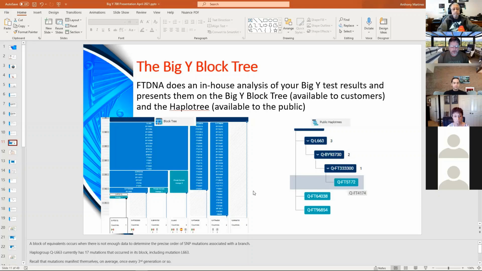It's right here, which is a subclade of QL663, which is here, and so forth. These two off to the side are here. So it's a different way of reading it, but this is really where I work in Big Y, in this kind of environment. We're going to talk about the Big Y block tree today.